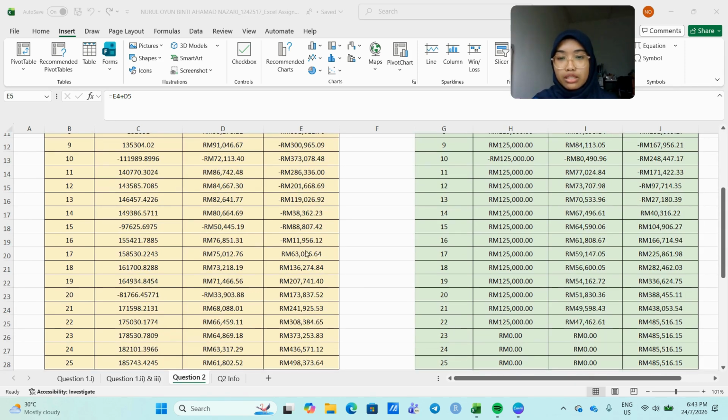For Project Seri, year 16 is negative, and the next year is positive. And then for Bakabali, I identify year 13 is negative and the next year is positive. So these values are then used to calculate the exact discounted payback period.